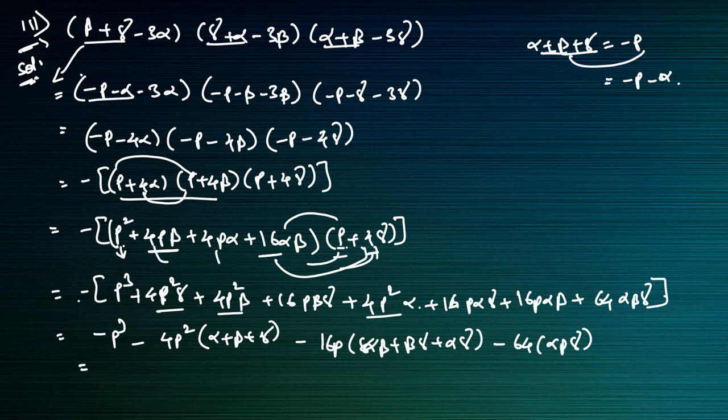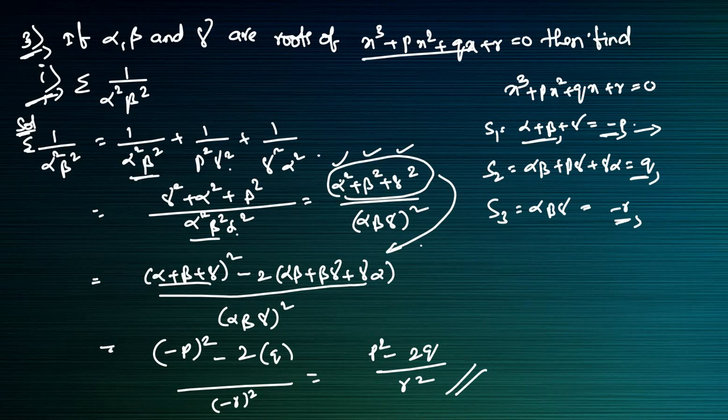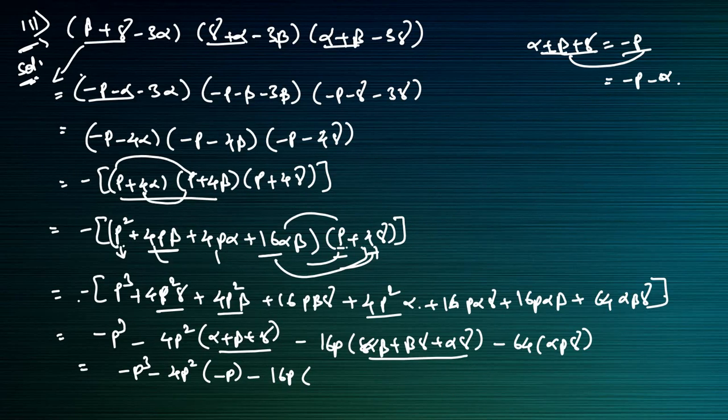So in this I will substitute the values, it will become minus P cube minus 4P square into (alpha plus beta plus gamma, which is) minus P. So minus P will come here, minus 16P into (alpha beta plus beta gamma plus gamma alpha, which is) Q here, and here minus 64 into alpha beta gamma, which is minus R, so this will come.